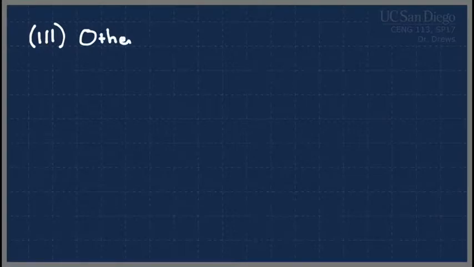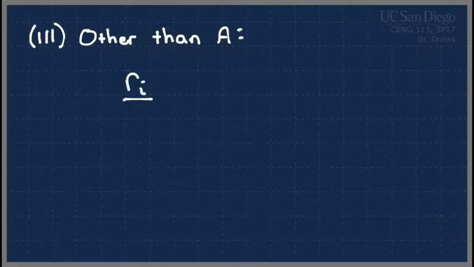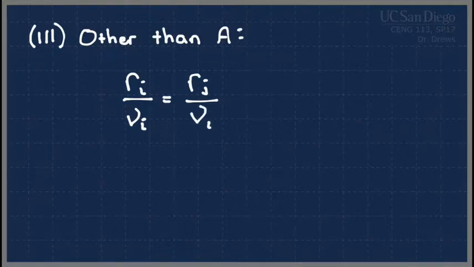Most of the time you'll see it written in terms of A, but if you need one of the rates in terms of something other than A, like you want to know the generation of B or something like that, the general relationship that relates any two rate laws is that the rate divided by the stoichiometric coefficient for one species is equal to the rate for the other species divided by its stoichiometric coefficient. So that's essentially stoichiometry.